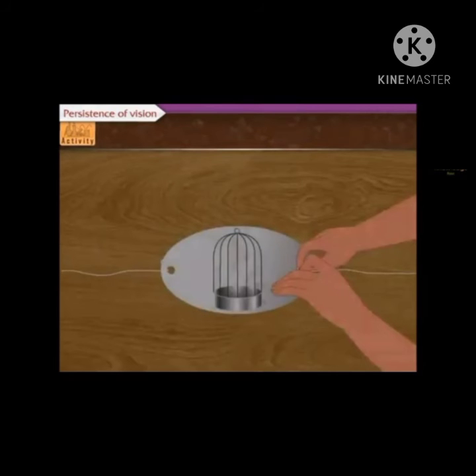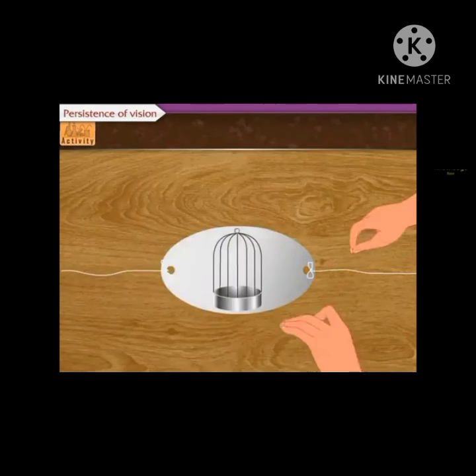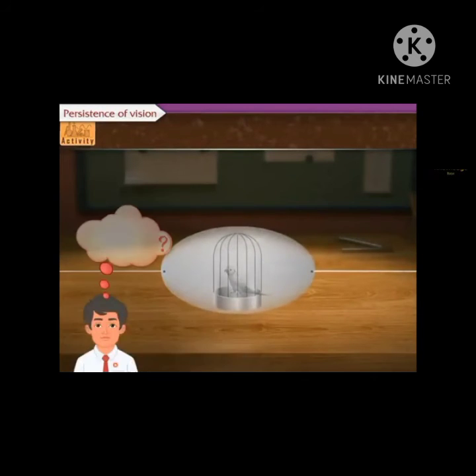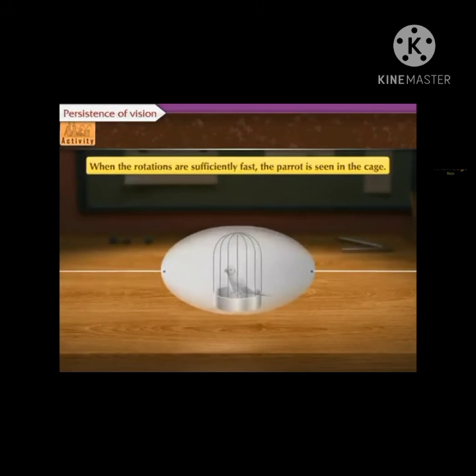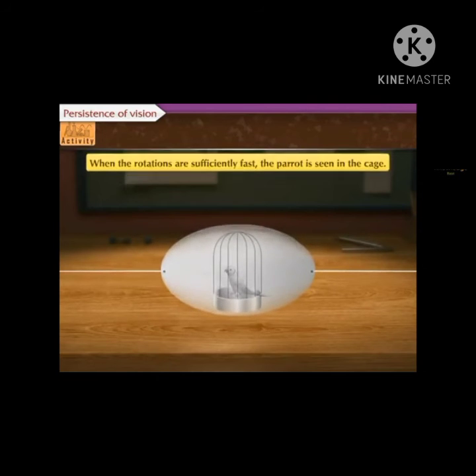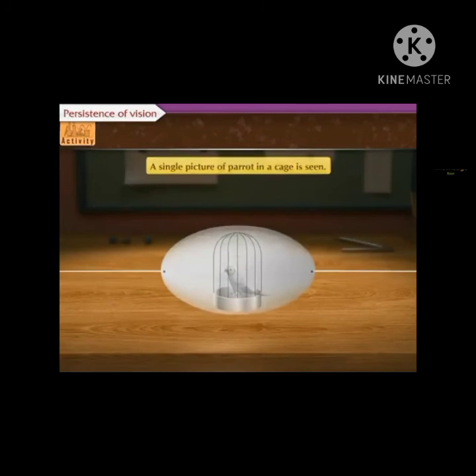Then tie thread to the two holes. Let us now twist the ends of the thread so that the cardboard swirls rapidly. What do you observe? Yes, when the rotations are sufficiently fast, the parrot is seen in the cage. That is, we see a single picture of a parrot in a cage.